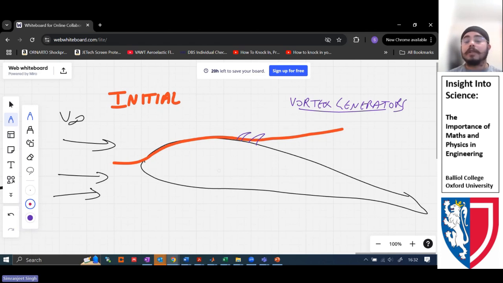You use different sizes of vortex generator in order to see how much the flow can be delayed. So it's getting some information from the experiments and again putting it into the computer models in order to solve the problem. If that problem is solved, what you expected, it's fine.